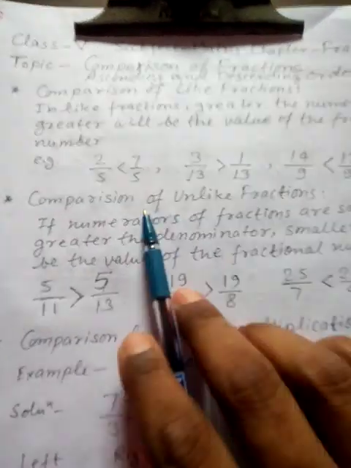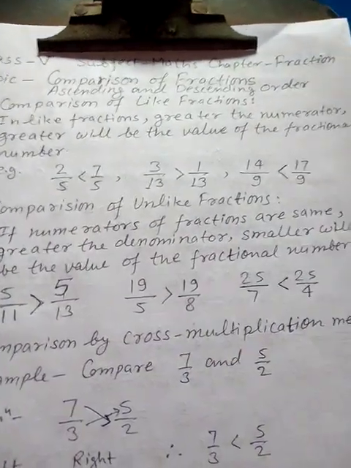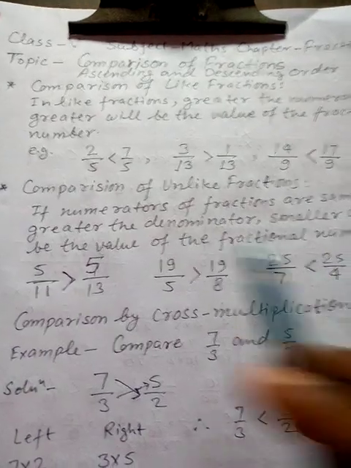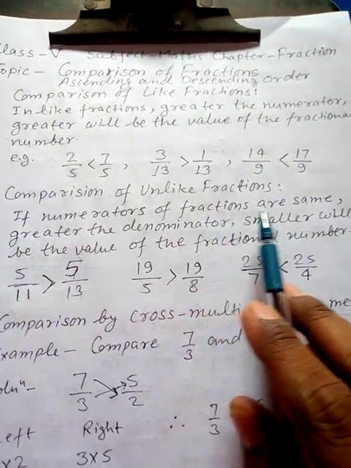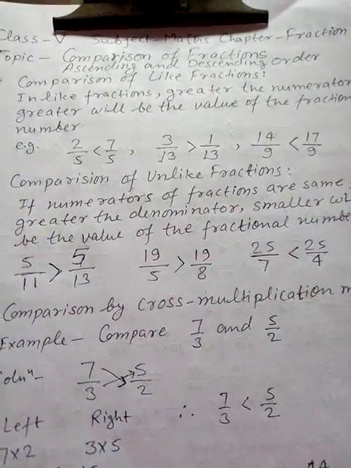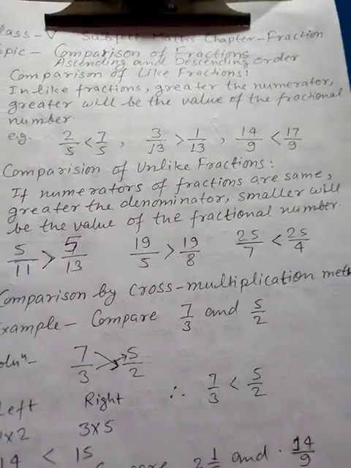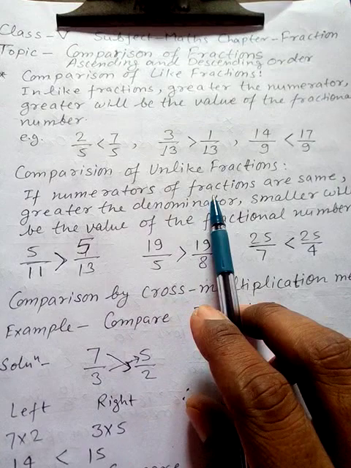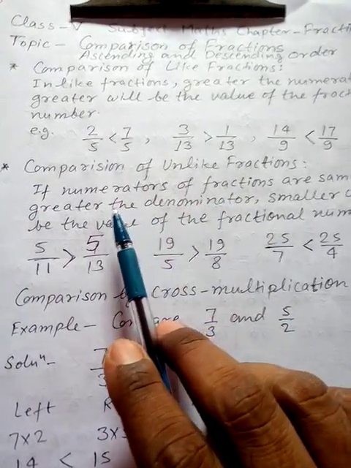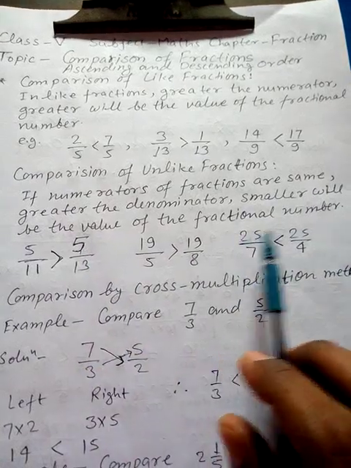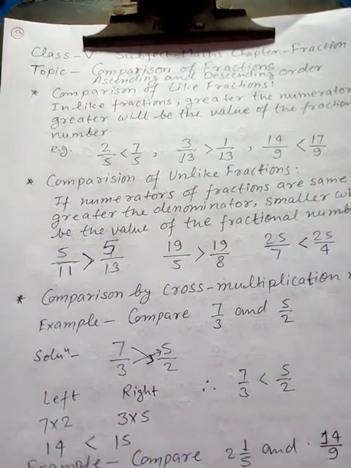Now comparison of unlike fractions. Unlike fractions have different denominators, but if numerators of fractions are same, then what happens? Then greater the denominator, smaller will be the value of the fractional number. Very simple.